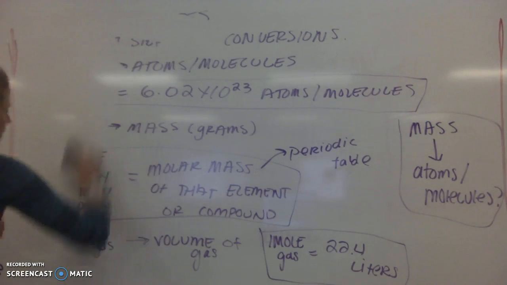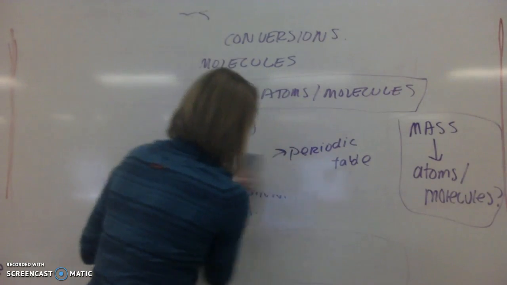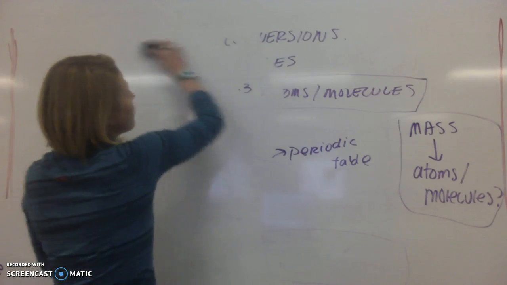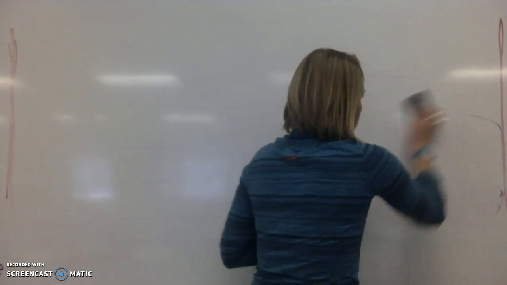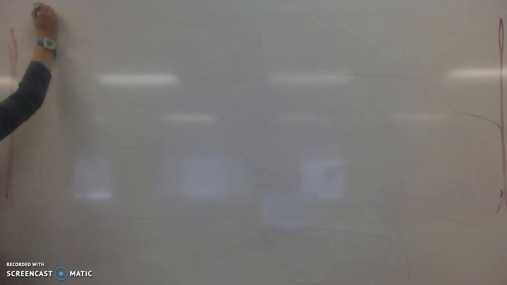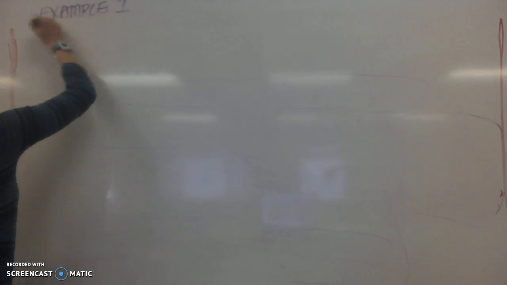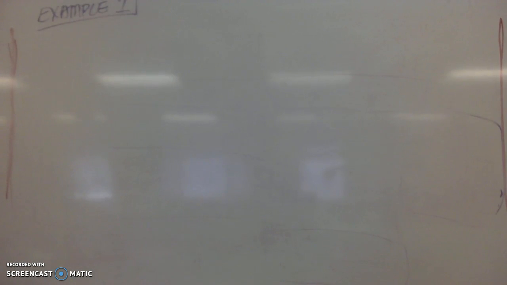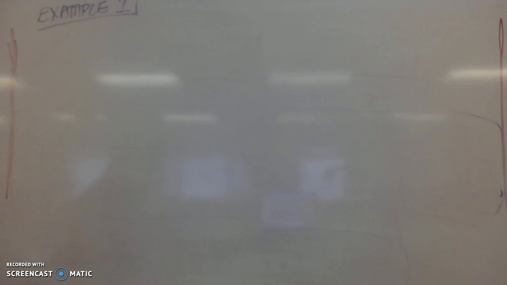So let's start with example 1. Hope I didn't erase that too fast. Okay, example 1. The average human has about 6 grams of iron in their body at any given time.